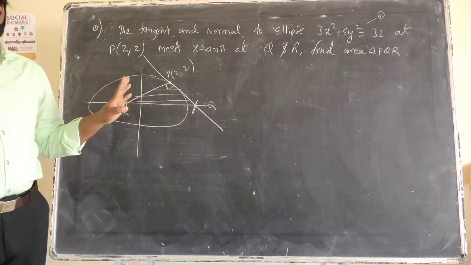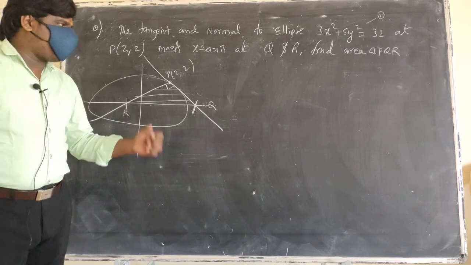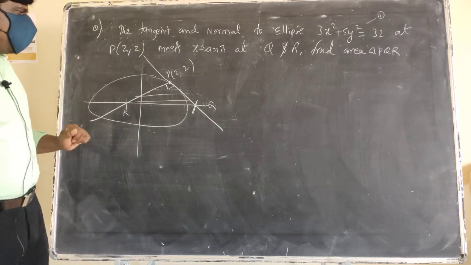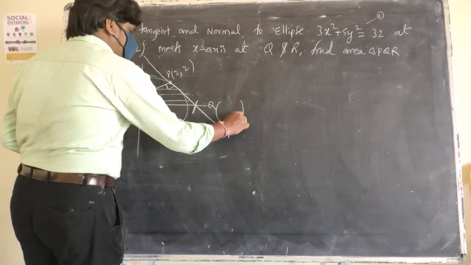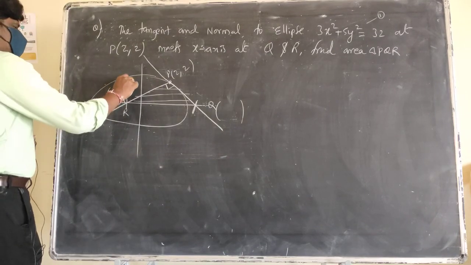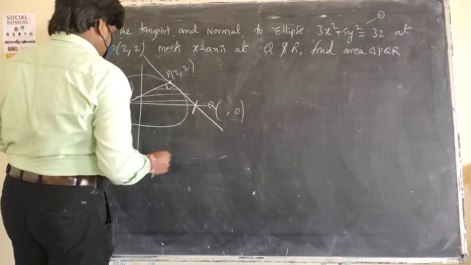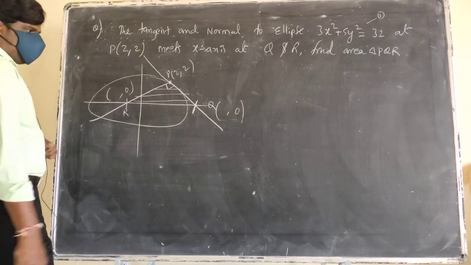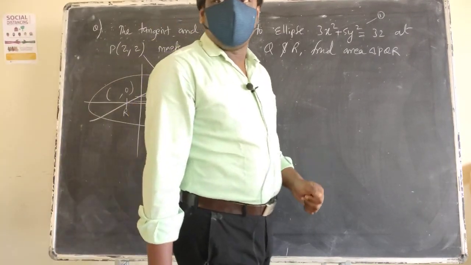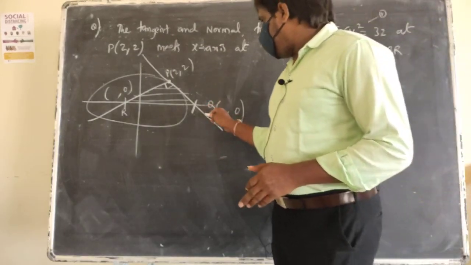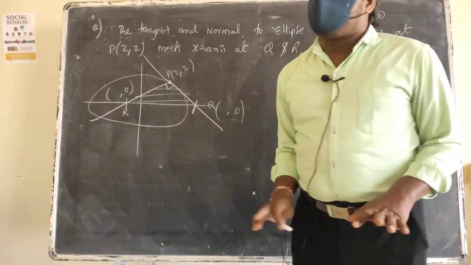You have to find the area of PQR, so my target is to find the points Q and R. The y-coordinate of each is 0. Once I find these two points, my answer is done.